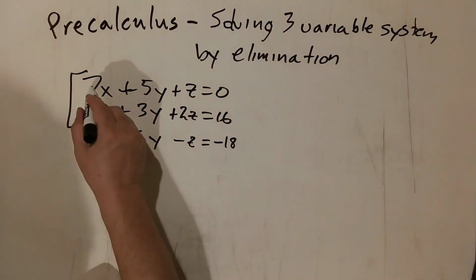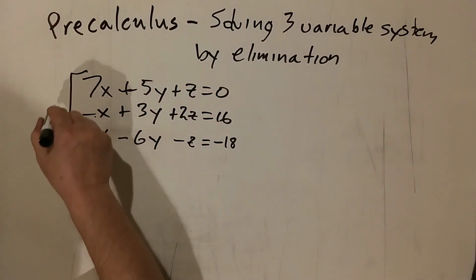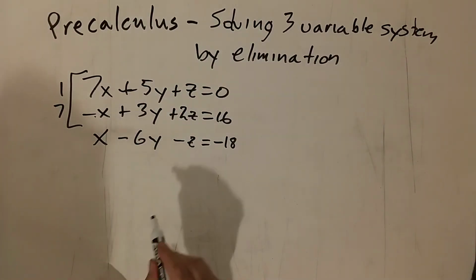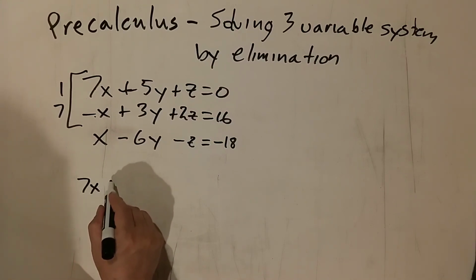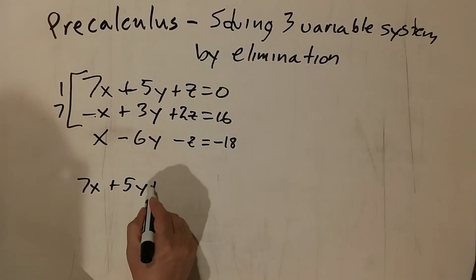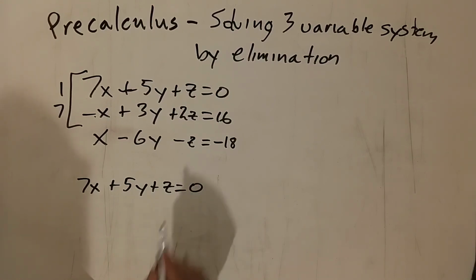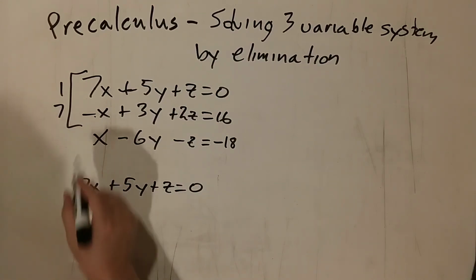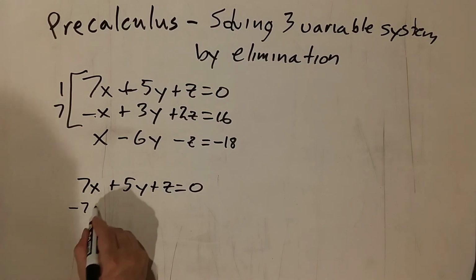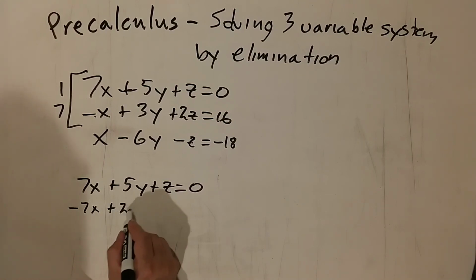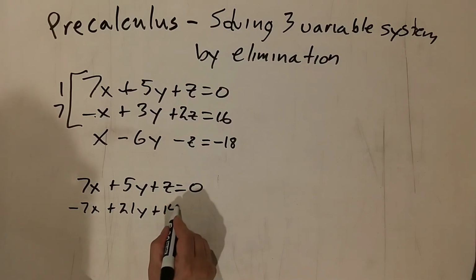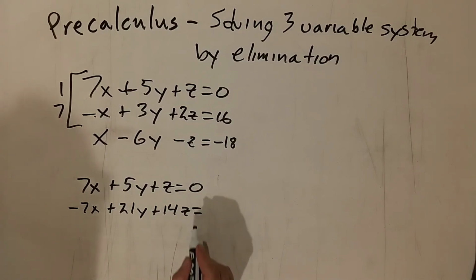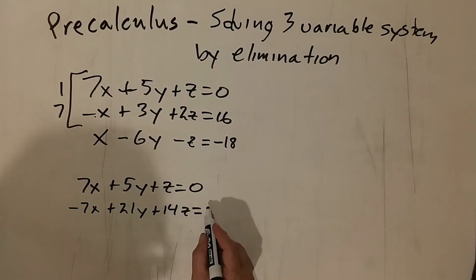I'm going to use 7 and 1. That gives me 7x plus 5y plus z equals 0. That one did not change. And the other one becomes negative 7x plus 21y plus 14z equals 112.